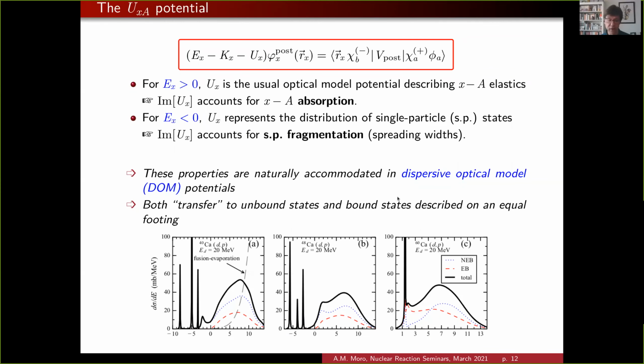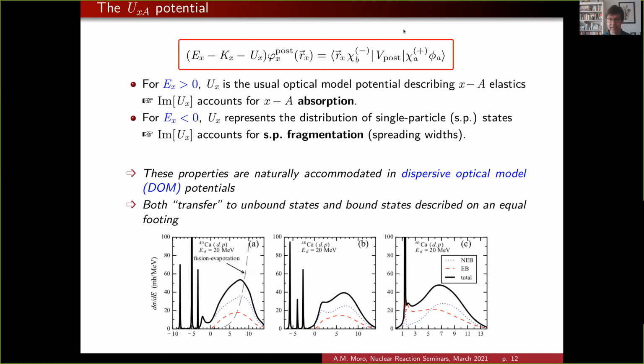These two properties can be accommodated very naturally in the so-called dispersive optical model potentials, which were extensively studied in the 80s by people like Mahaux and Sartor, and in the last few years have experienced a sort of revival, having been revisited by several groups.